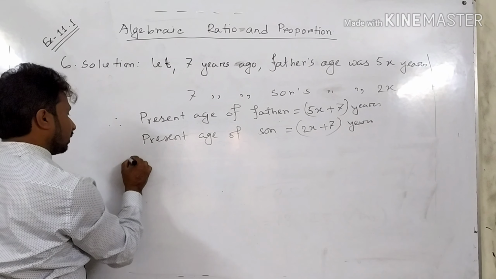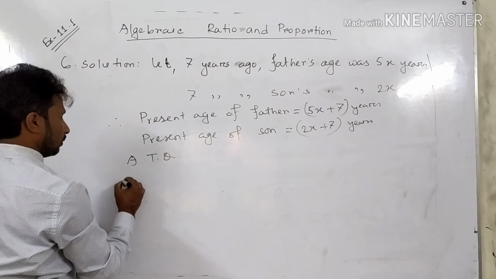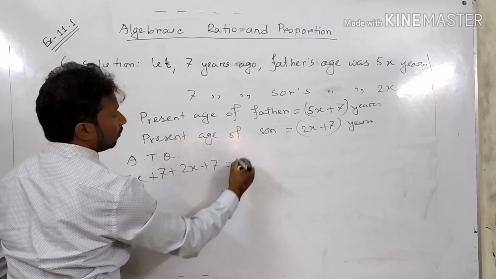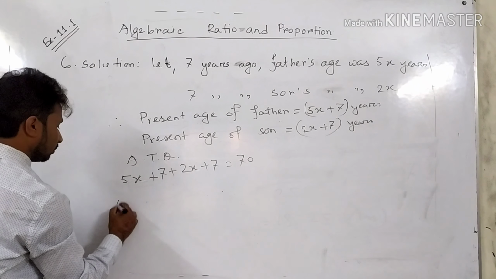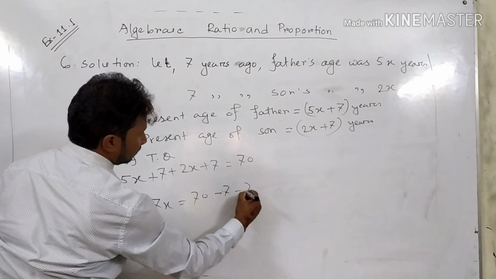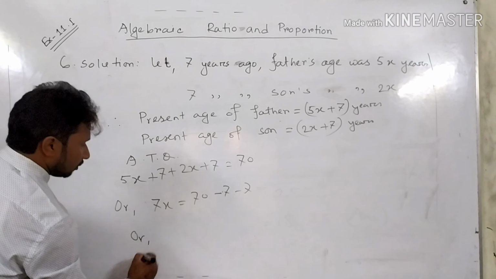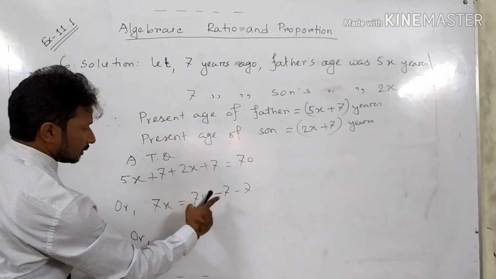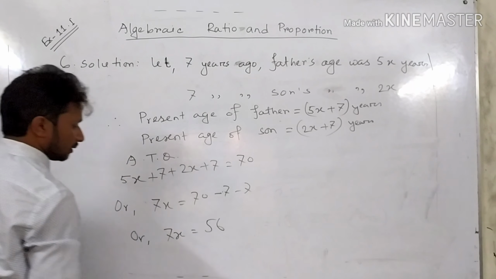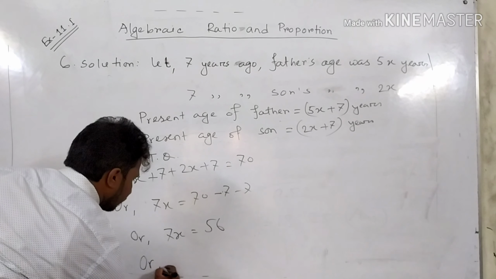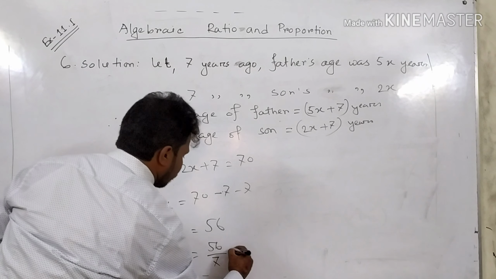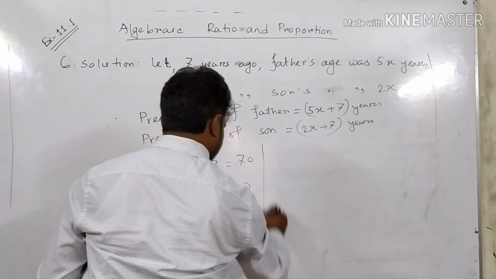According to the question, 5x plus 7 plus 2x plus 7 equals 70, or 7x equals 70 minus 7 minus 7, or 7x equals 56, or x equals 56 divided by 7, equals 8.